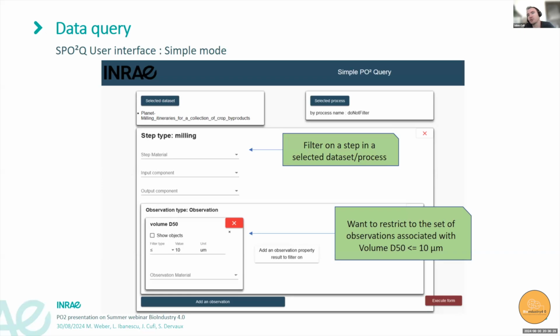So you can here restrict the set of observations associated to a specific criterion of volume. And then you can execute the query through the execute button and retrieve the data in CSV or JSON format.